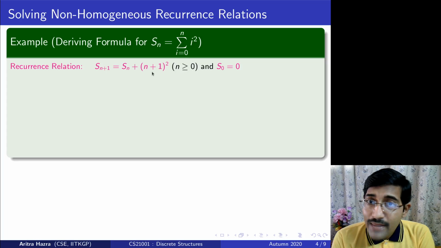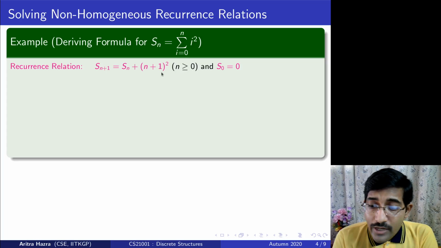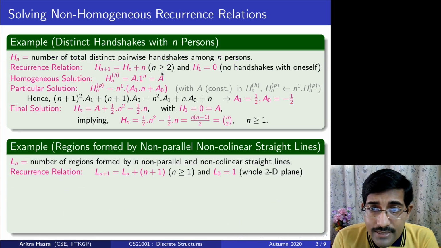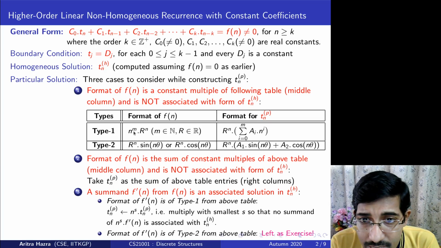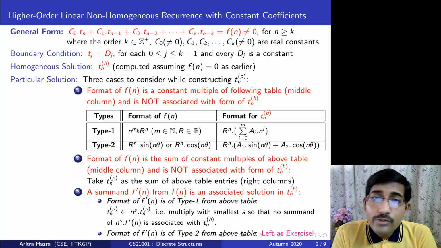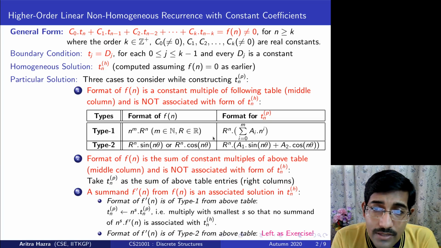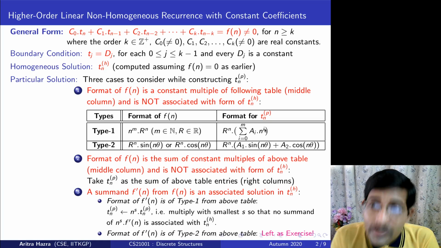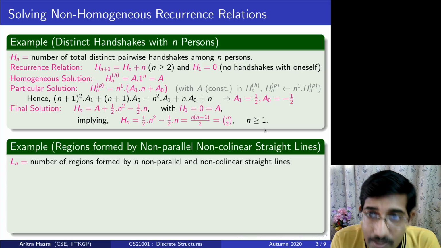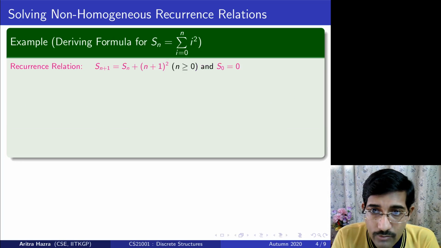Now when that is the case, let us just go back and see it. For each time I will try to have this addition going, right? So for n square plus n plus something, I will have a1 n square plus a2 n plus a3 in the particular solution.